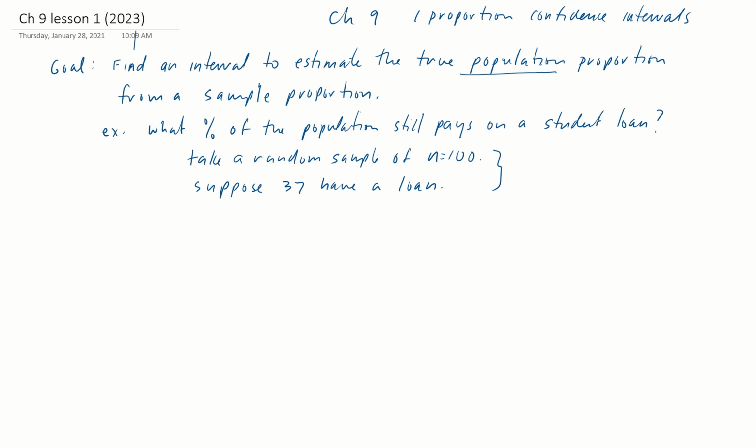Well, this information would give me what we call p hat, my sample proportion, would be 37 out of 100, which would be 0.37 or 37%.